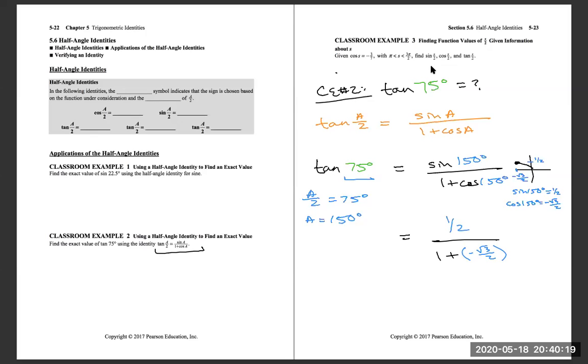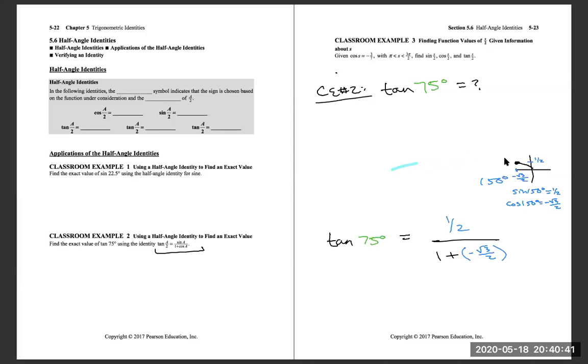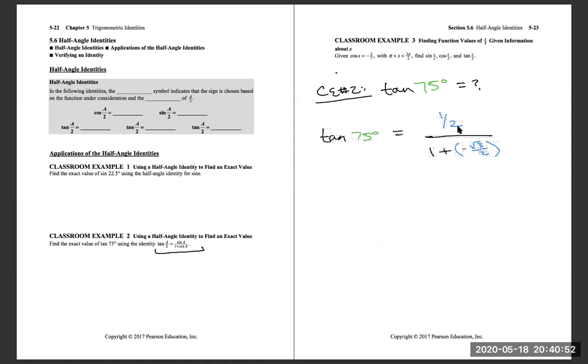Okay, let me save a picture of this. I'm going to clear the top portion out so I can move this up and work on it. All right, so the algebraic part starts.